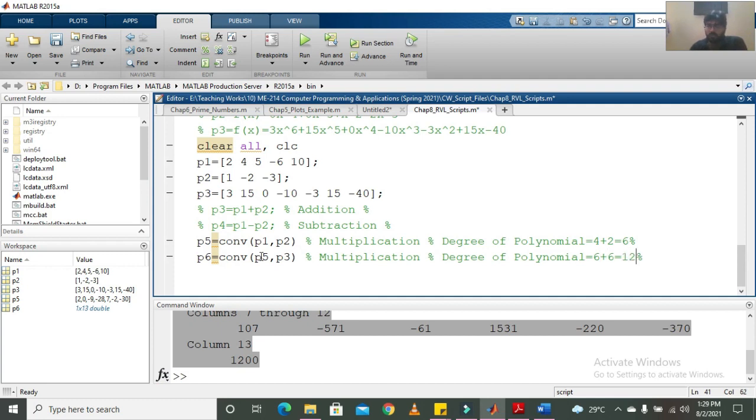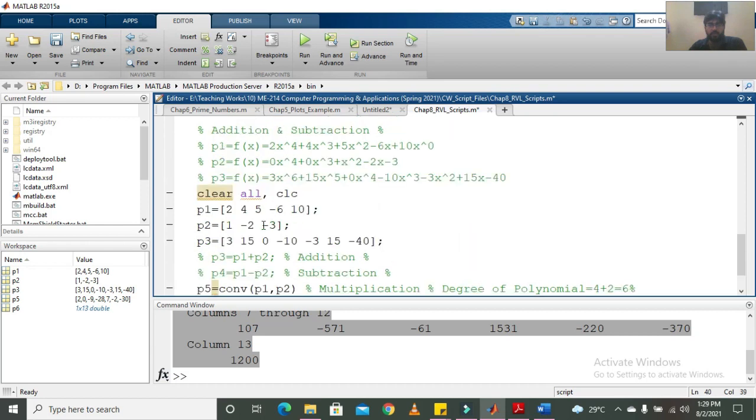So the degree of the resultant P6 will be 12. By the degree of a polynomial, we mean the highest power in the polynomial, so 12 is the highest power inside the polynomial.